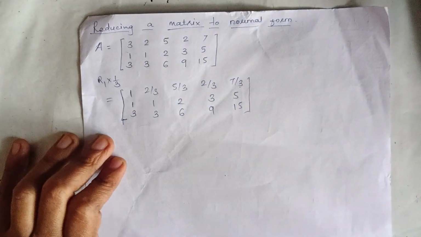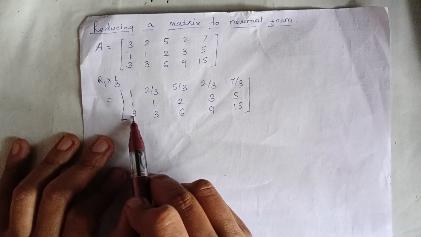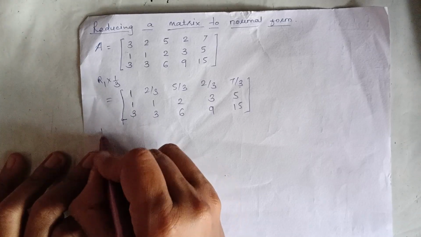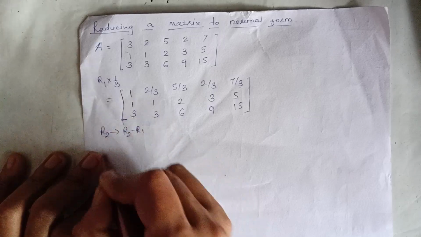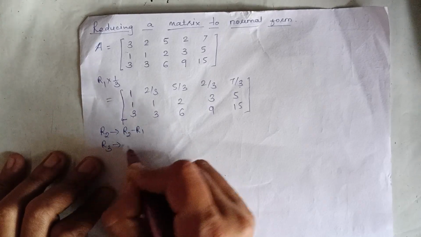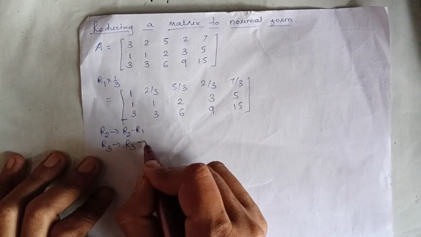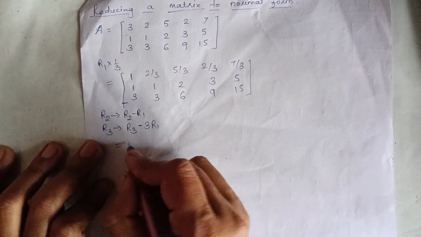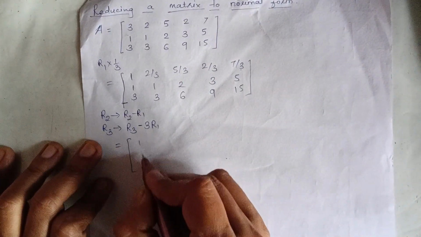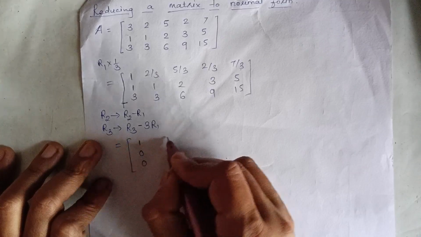Okay. Now you have to make these two rows 0. So R2 changes to R2 minus R1 and R3 changes to R3 minus 3R1. This is 1, 0, 0.